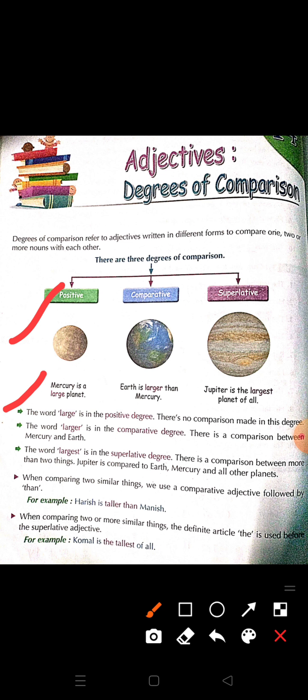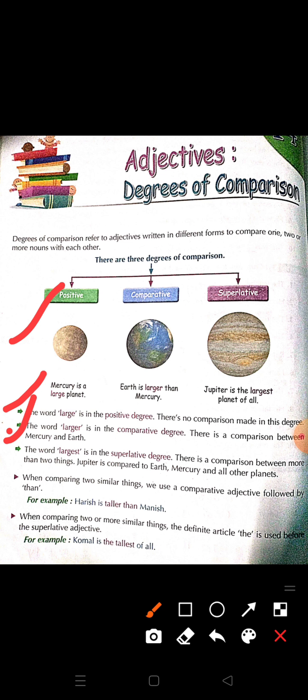Okay, next one. The word larger is in the comparative degree. There is a comparison between Mercury and Earth. So when we use the comparative degree, that means we are comparing between two things, not more than two things. Next, the word largest is in the superlative degree.